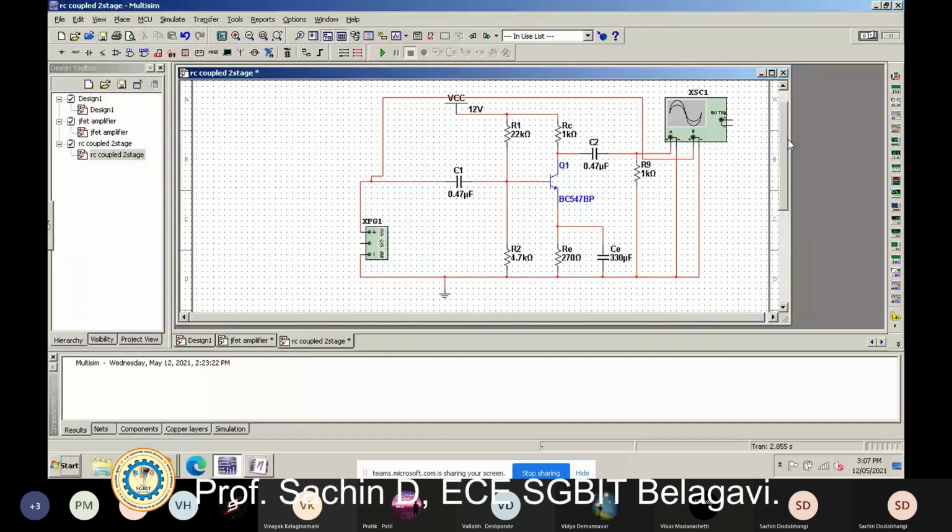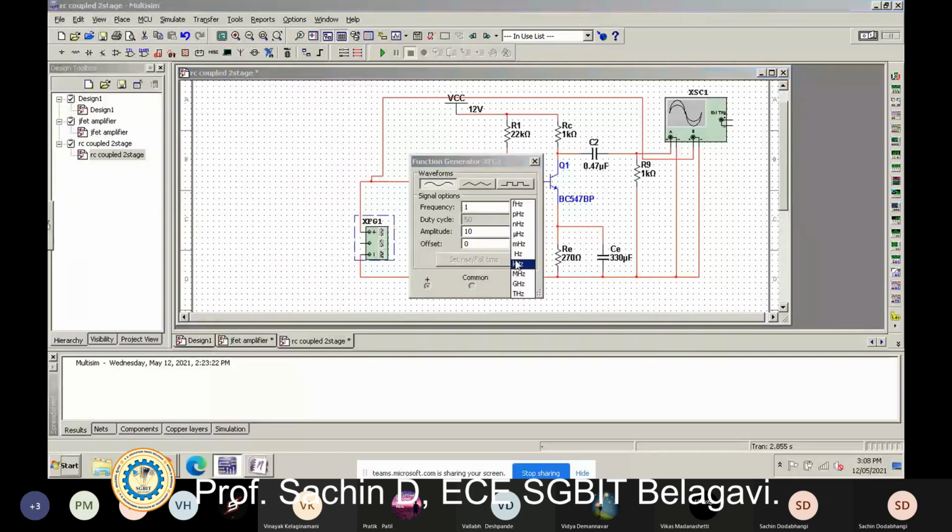I will check the input. So it is 1 hertz. I'll make it 1 kilohertz. So input is 1 kilohertz, and this I will take as milli. We peak 10 millivolt. So the amplitude is 10 millivolt, and the input frequency I had given is 1 kilohertz. Close it.